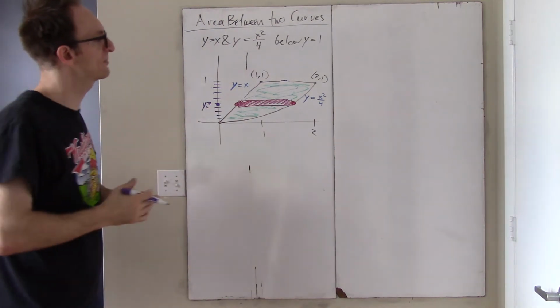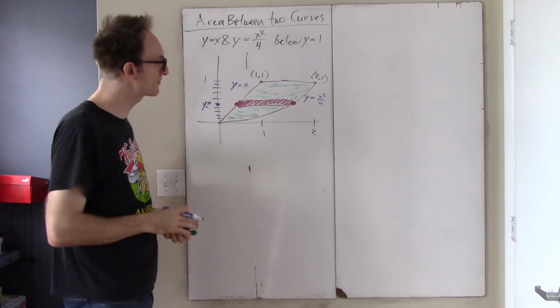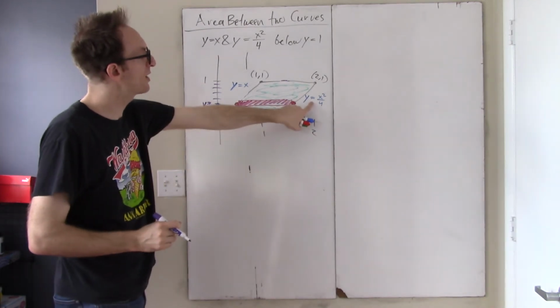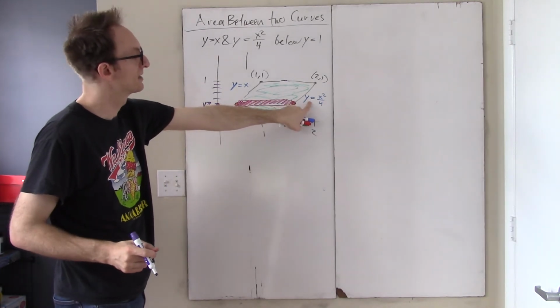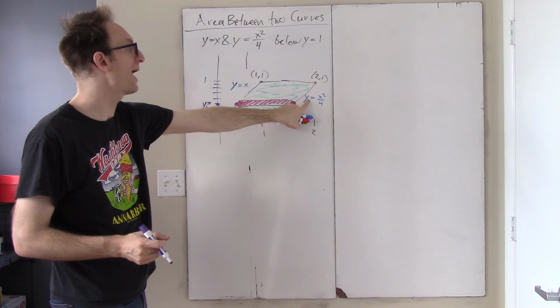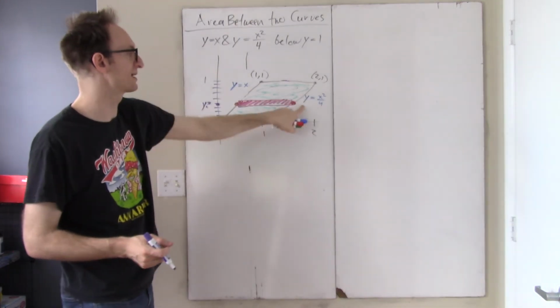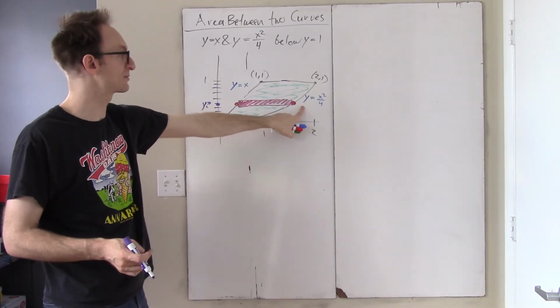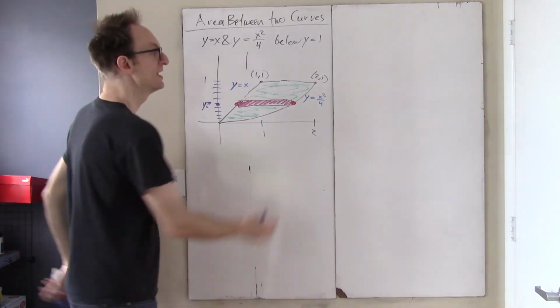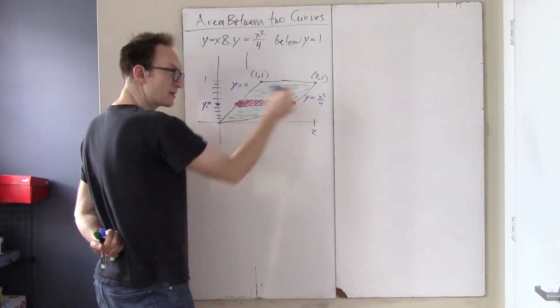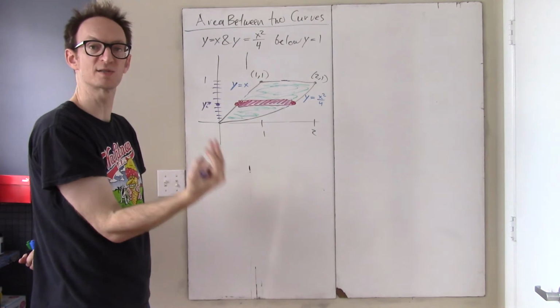Okay, so some people find this extremely easy, other people find it kind of tricky. What we now want is not an expression for the y value as a function of the x value, but instead we want an expression for the x value as a function of the y value. In other words, rewrite the relationship y equals x squared over 4 in terms of x.